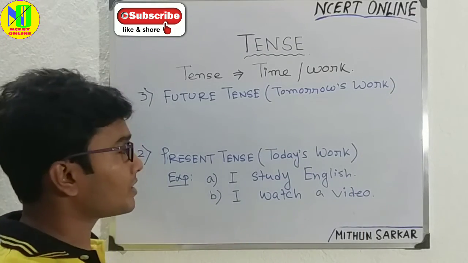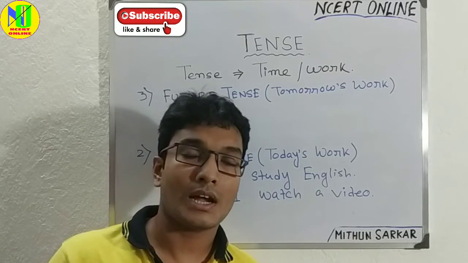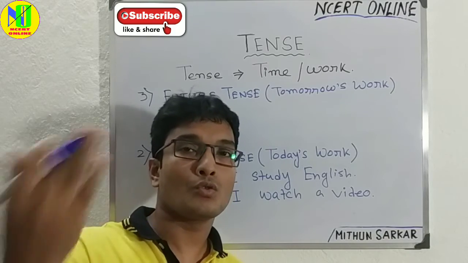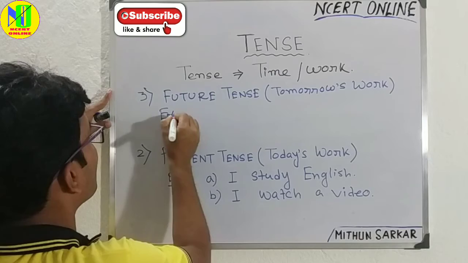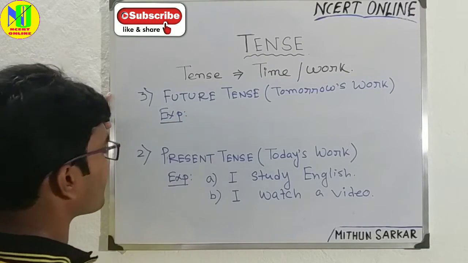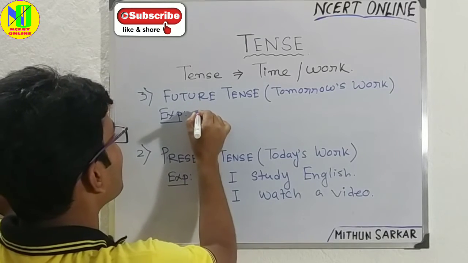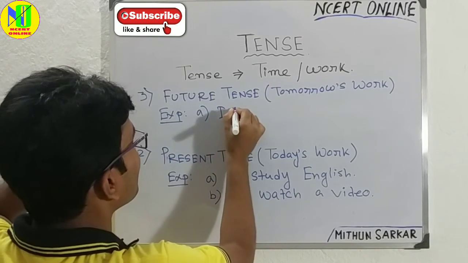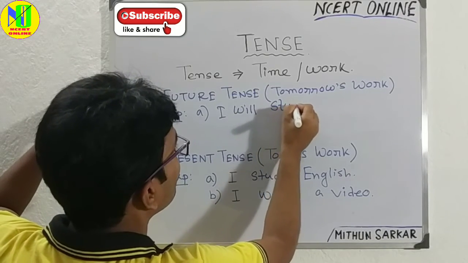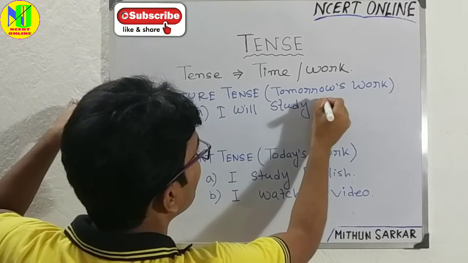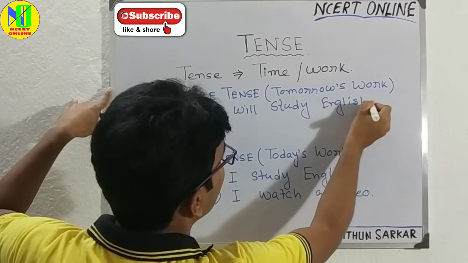Past tense means yesterday's work, present tense means today's work, and future tense means tomorrow's work. Now an example. I write here: I study English, and we need to write here: I will study English.